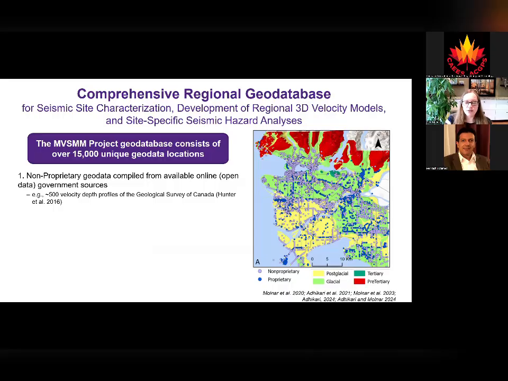In order to do that, we need to know a lot about what the subsurface ground conditions are like in Metro Vancouver. And you wouldn't believe, but there's not an open repository of geodata beneath Metro Vancouver.